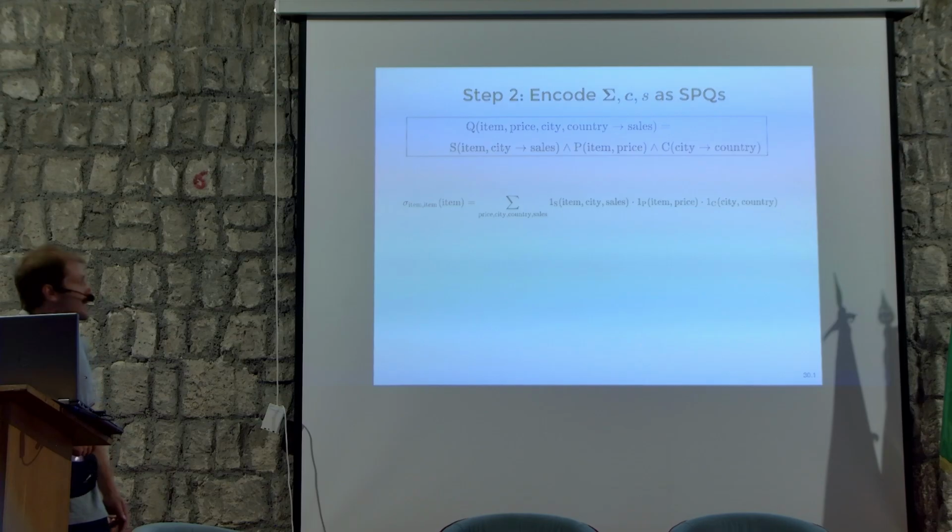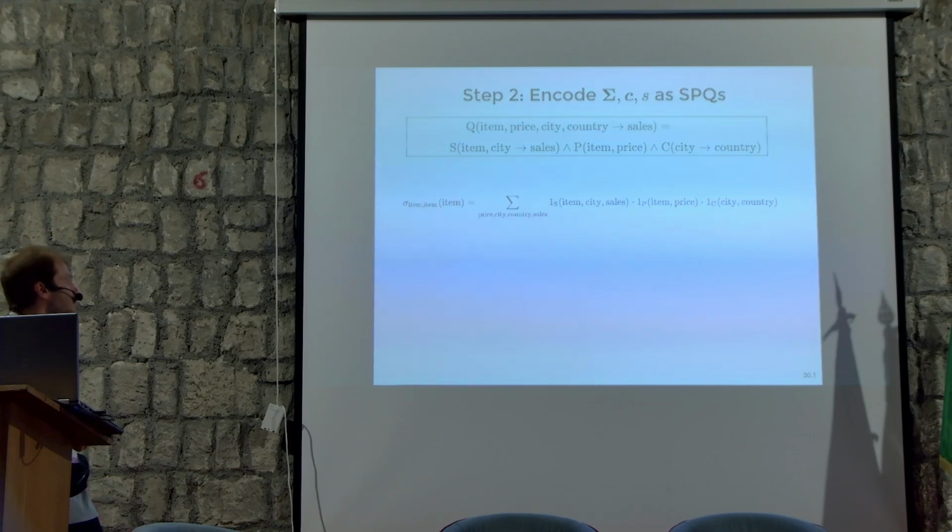Notice that the product of these indicator functions is 1 if and only if the tuple is in the output of the query, and it is 0 otherwise. So whenever we take a summation over this product, it's exactly identical to taking a summation over tuples that are in the output of the query.